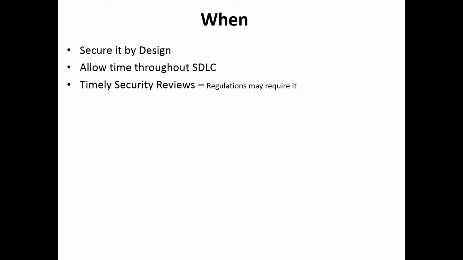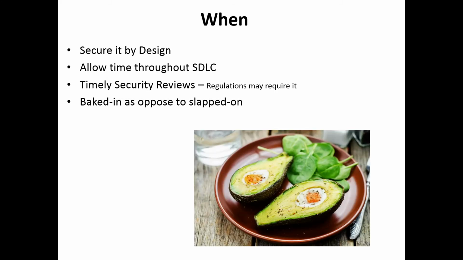But at least in the first go or MVPs, you can bring in those reviews that regulation requires. And bake it in as opposed to slapping it on. So you bake the security in to make your DevOps project successful from the beginning. We don't want to be the stories of those companies, right, with DevOps.